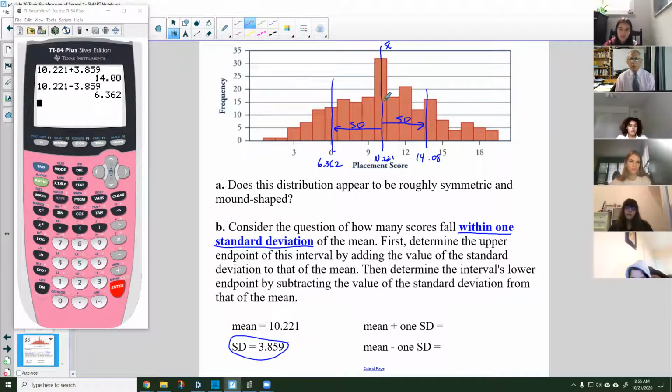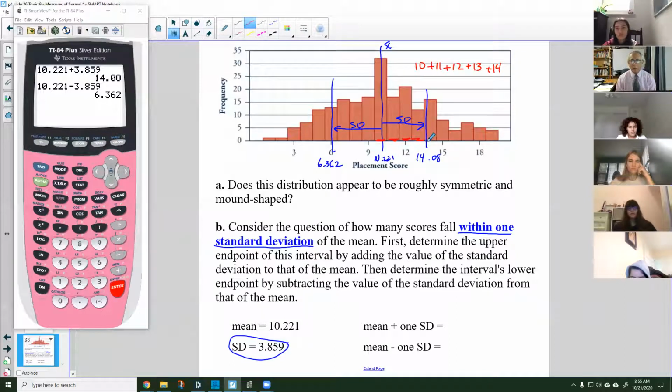So we know 10.221 is our mean, and we know that 14.08 is one standard deviation above. So all the scores that fell in the 10s plus the 11s plus the 12s plus the 13s plus the 14s.